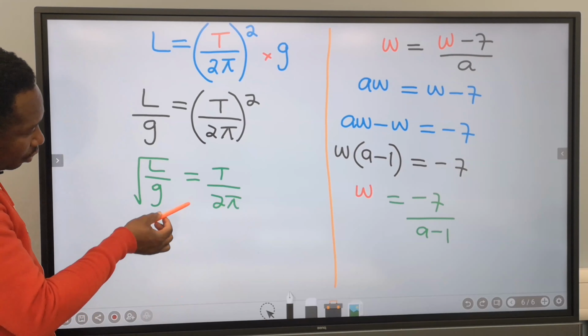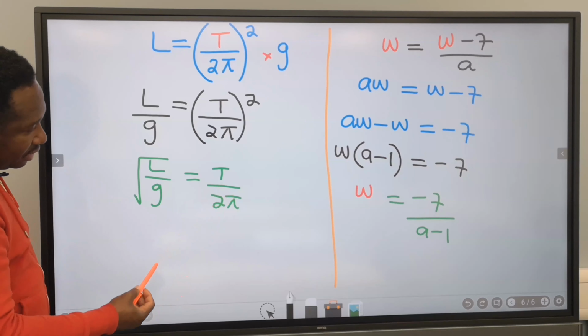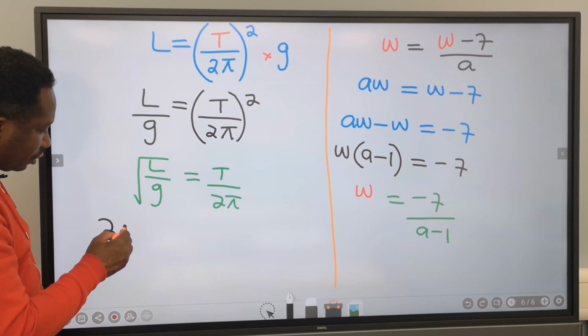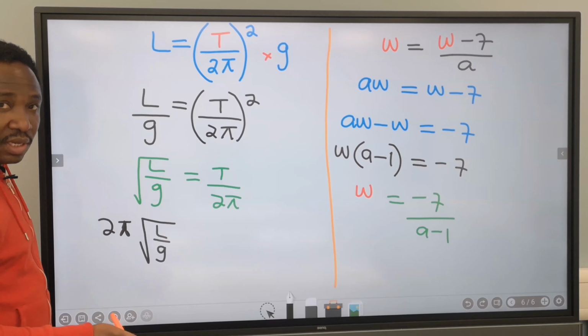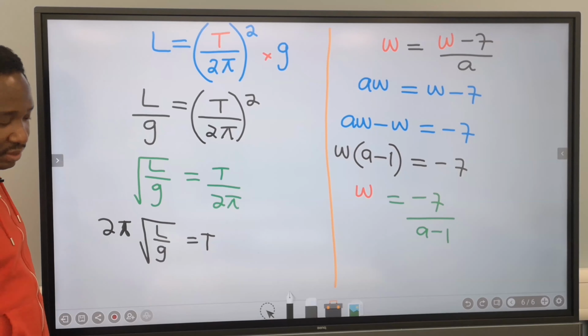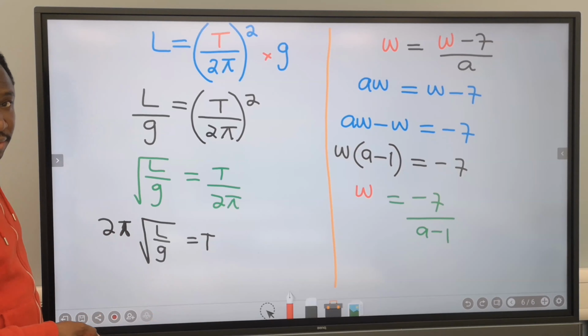Next, I want to isolate t. This 2 pi is dividing. On the other side, I'm going to have 2 pi multiplying this. And now t is isolated. And this becomes our answer.